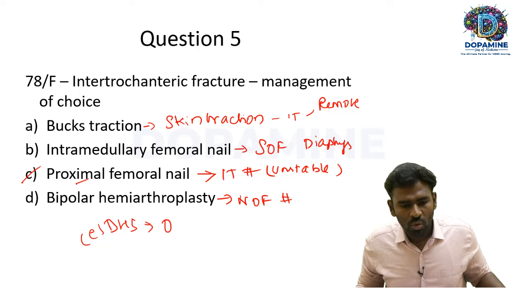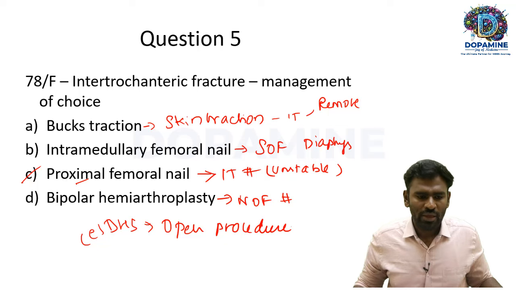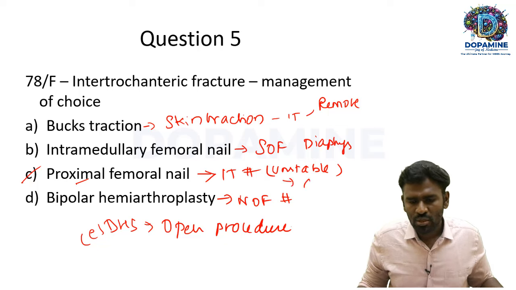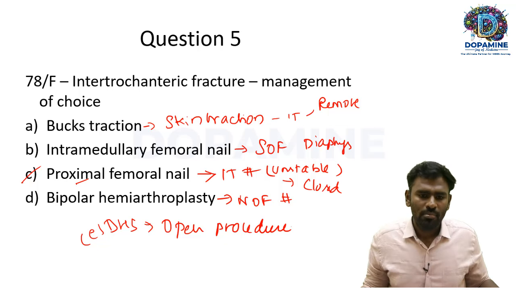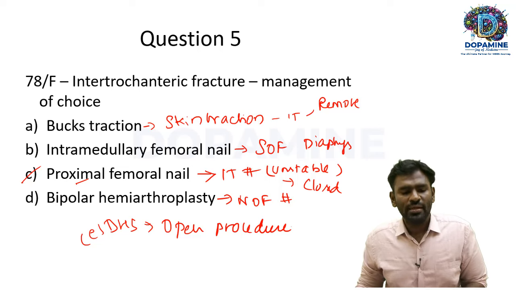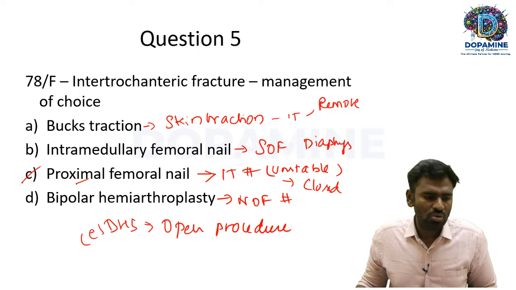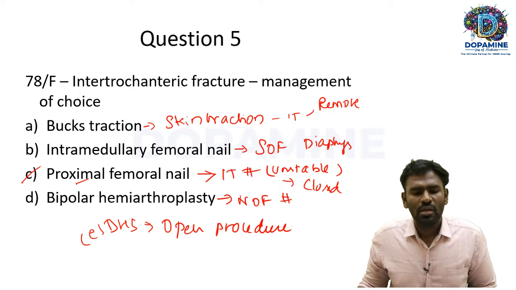DHS is an open procedure. What is DHS? Dynamic hip screw. Whereas proximal femoral nail is a closed procedure. Closed procedure has better union than an open procedure. So you always go for a proximal femoral nail. Okay.